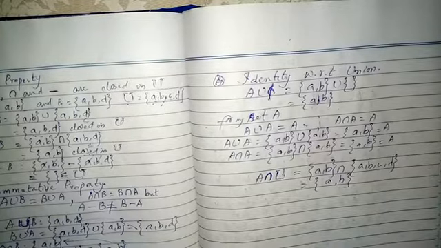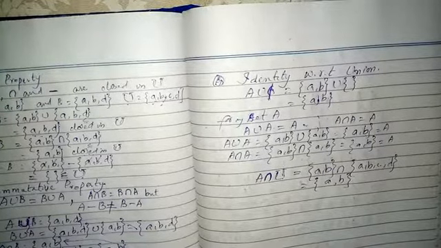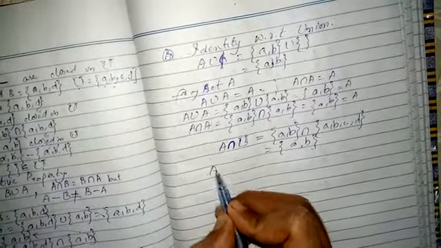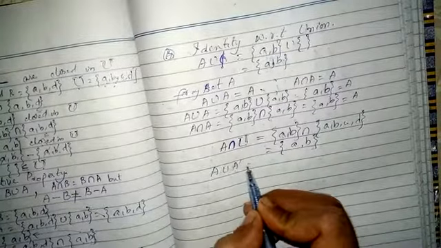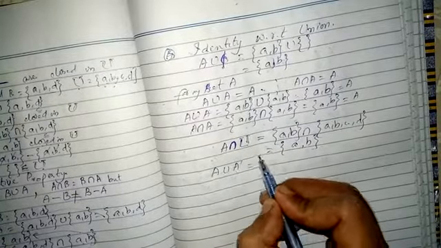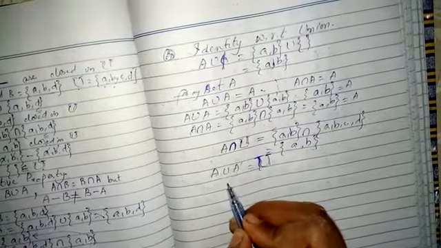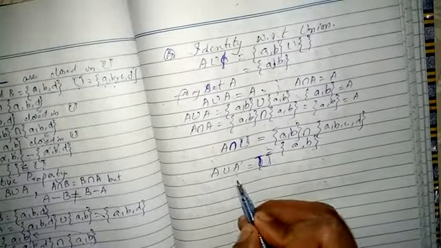There are other laws with respect to the complements. Let us discuss those laws. Suppose I union A with the A complement, it will become the universal set. Let us find this.